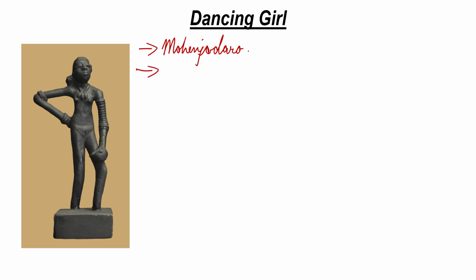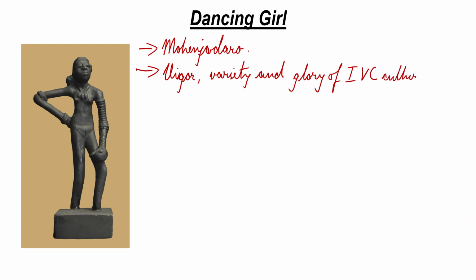This figure shows us vigor, variety, and ingenuity, and also projects the glory of Indus Valley Civilization culture. So that is how the figure of dancing girl is very important.